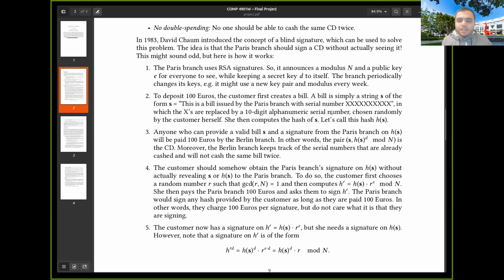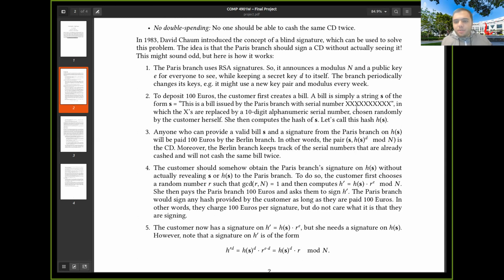For example, in this case, I'm saying that it's 10-digit and it's alphanumeric, so every digit has like 36 different possibilities. If you really choose randomly, it's very unlikely that you get the same serial number as someone else. But generally, what we will see later on in this protocol is that if two deposits use the same serial number, then one of them will lose their money, basically.